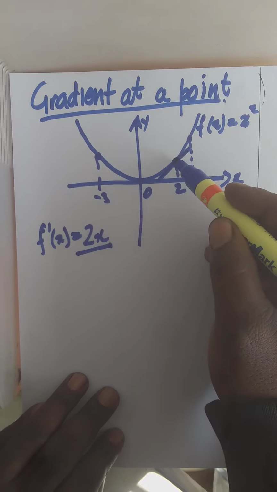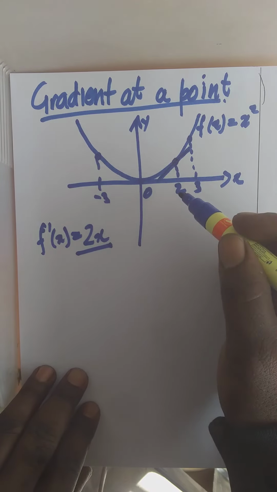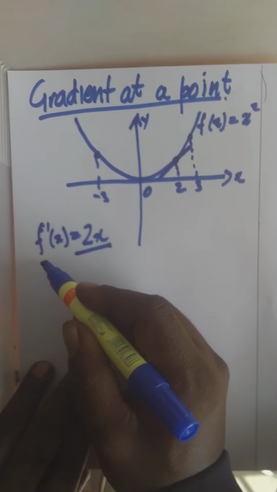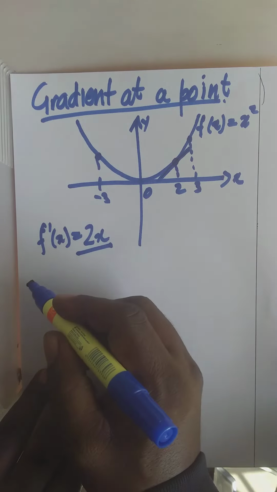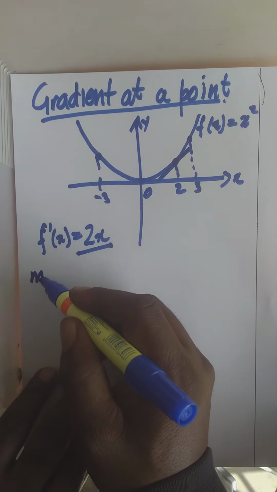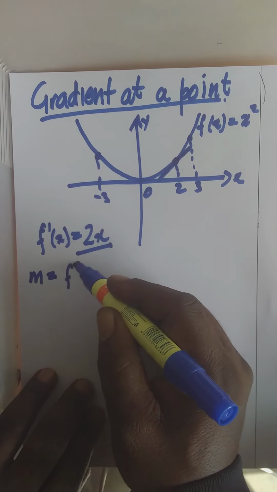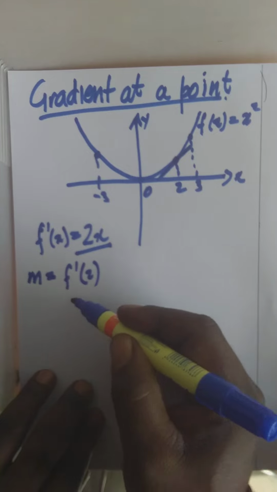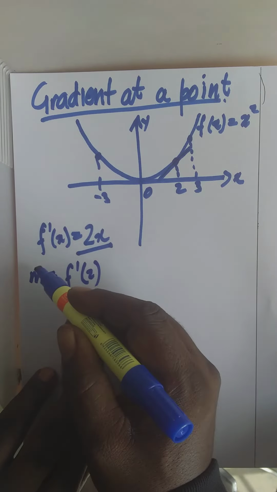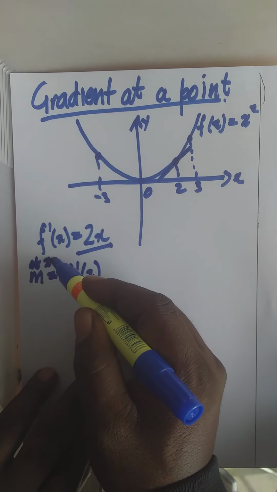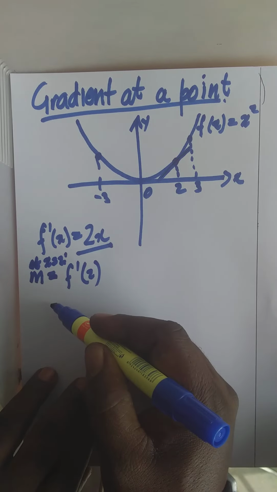So now, how do I calculate the gradient at this point, at x is equal to 2? Please be very careful about this, good people. If f prime x is equal to 2x, then the gradient at x is equal to 2 will be f prime 2.